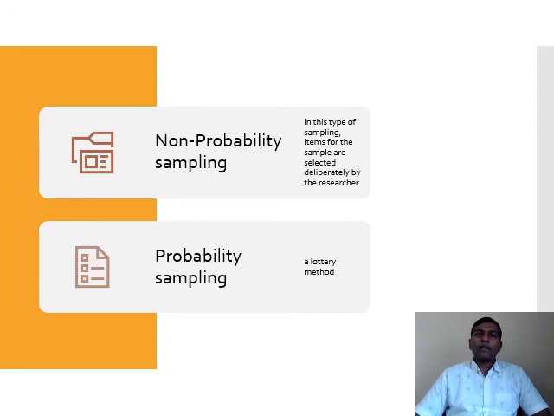In non-probability sampling, the researcher will go to each and every sample, each and every stage he is involved, and he will decide what to be done.